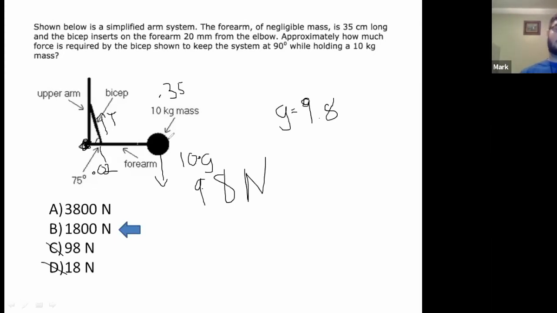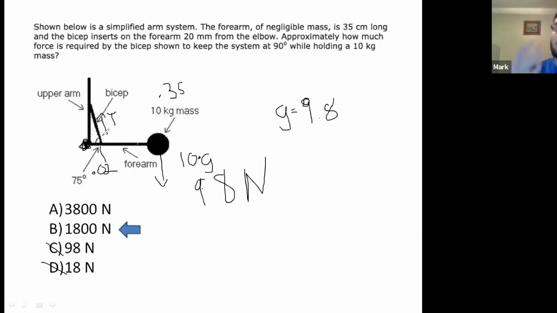Since the weight is at the end of your arm, it's very far away, so it has a very high torque. To get the same amount of torque by pulling here, you would need a way higher force than 98, because the distance is way smaller. It would be over 1,000, right? So you can already eliminate C and D, and get down to at least two answer choices.